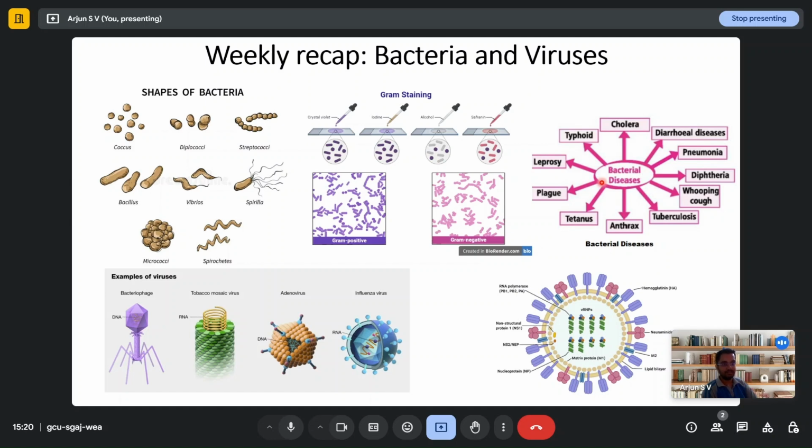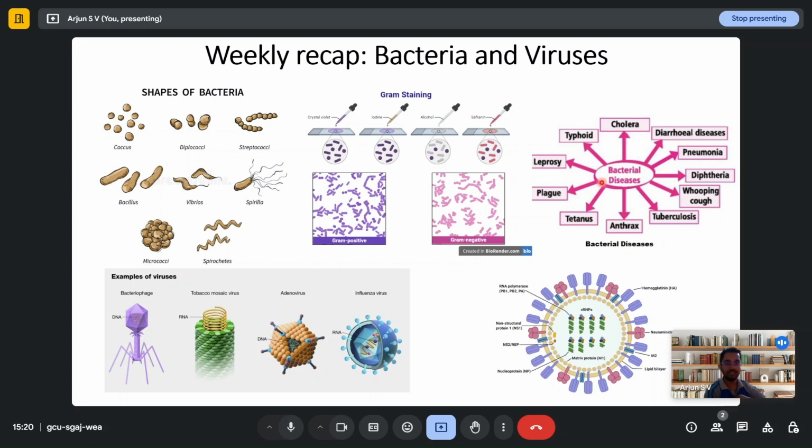And we also saw how bacteria can have a symbiotic relationship with other types of organisms in a beneficial manner. And finally, for a short part of the lecture, we saw more about viruses and how they are a class apart from all living organisms, because they are not living outside, but are only classified as living when they are inside a host system.